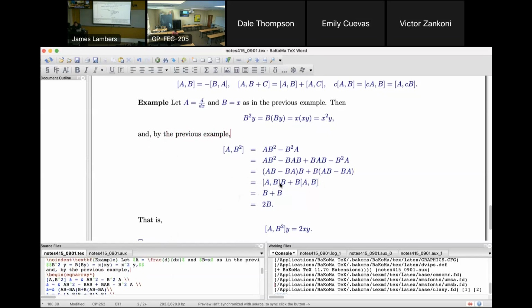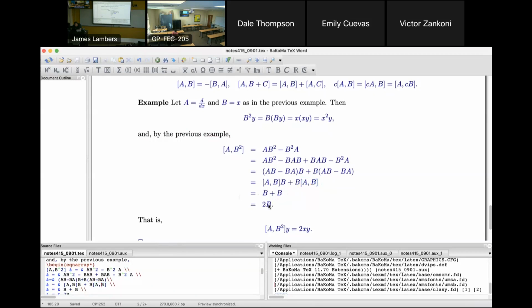The commutator of A and B turned out to be the identity operator. So the commutator of A and B times B turns out to be just B, and the same thing over here. So in the end, I get just 2B. That's what the whole thing simplifies to. So the commutator of A and B squared applied to y is the operator 2xy, because B is multiplication by x.